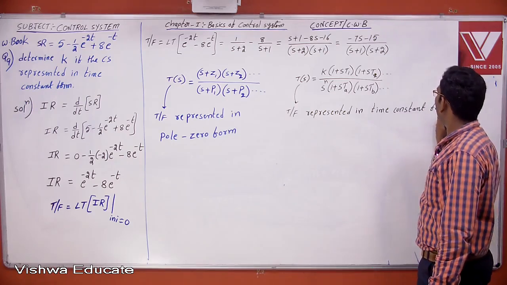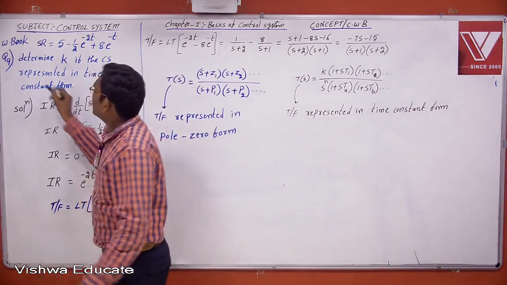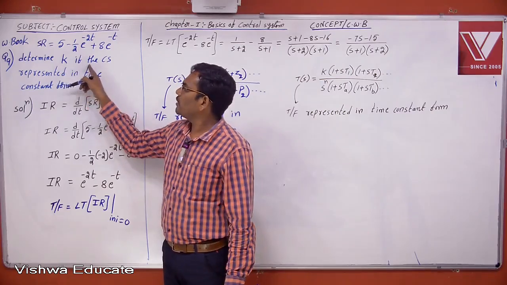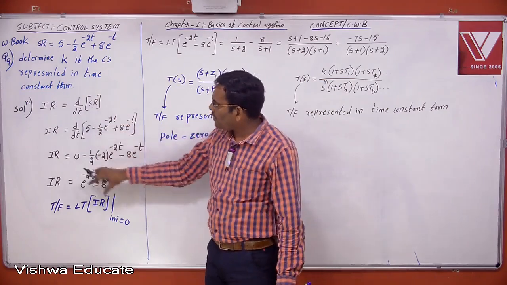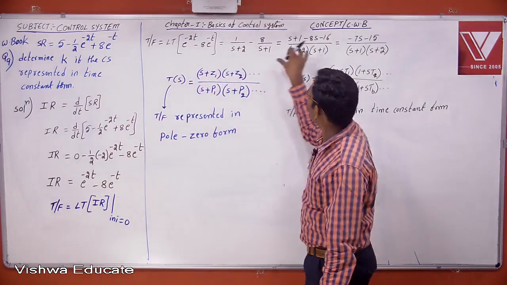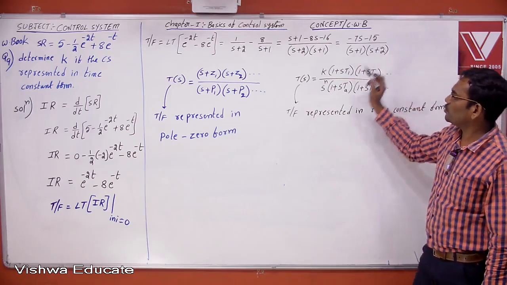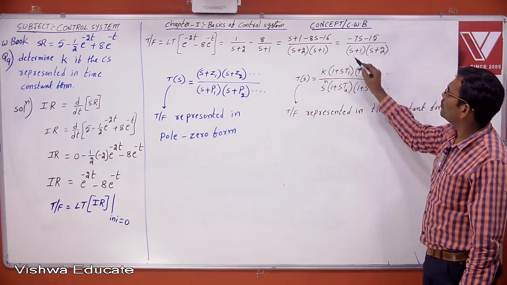Now you read your question, then you have some idea. The step response is given, and determine the system gain k if the control system is represented in time constant form. Now we have the transfer function, but s plus 1, s plus 2 means s plus p1, s plus p2, which is pole zero form.